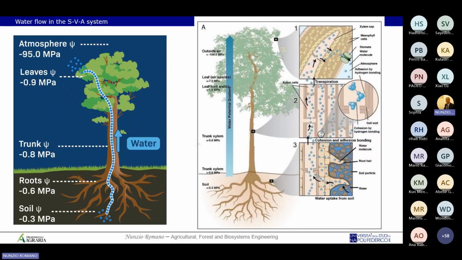Again, let's talk a little bit again about the importance of the difference. I want to stress once more the importance that water, and of course solutes, that move into the soil, vegetation, atmosphere system depend on the differences of the total water potential.